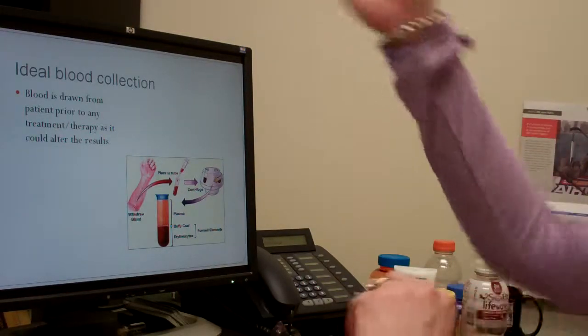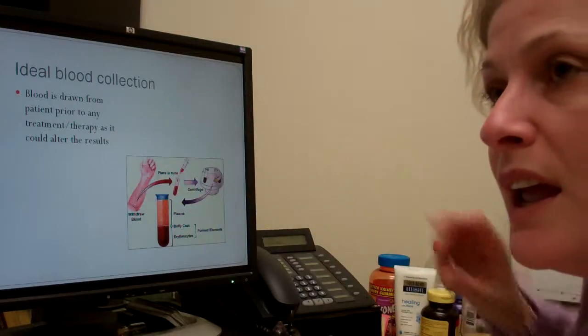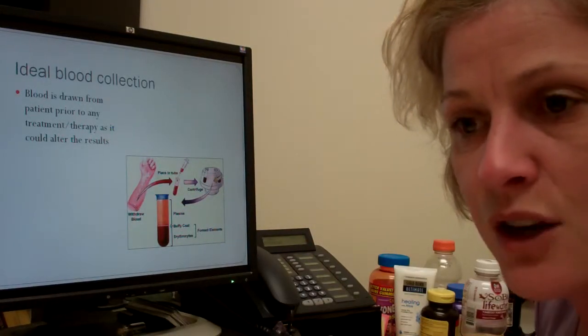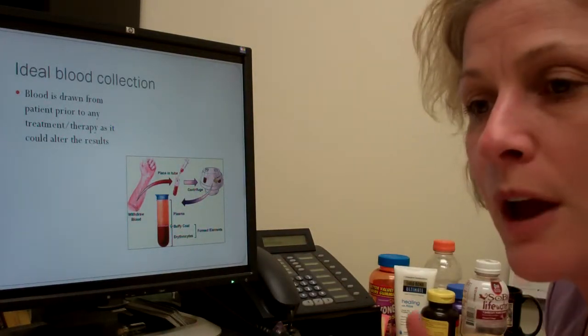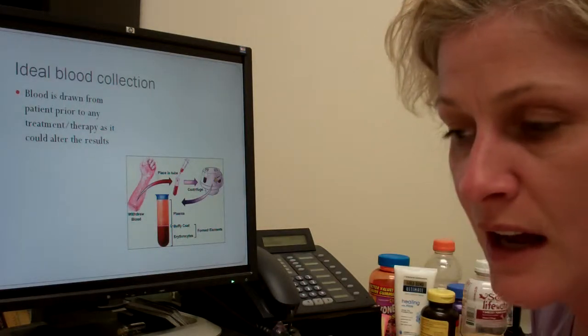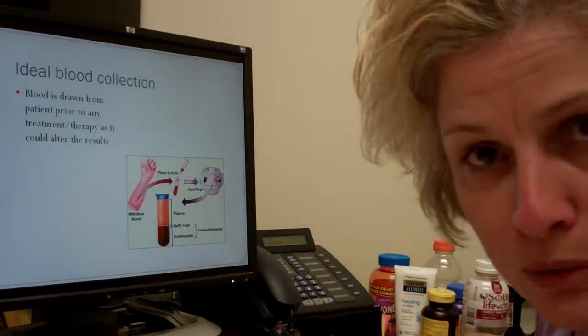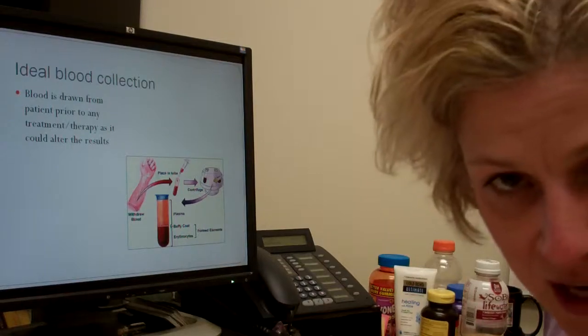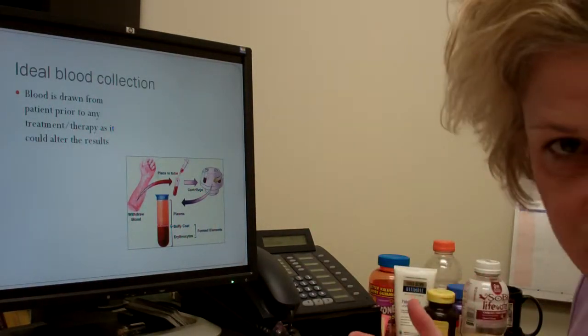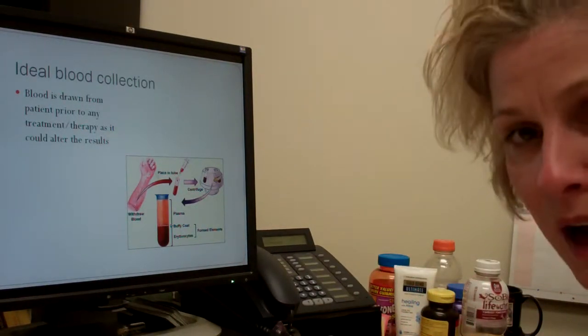All right, so if you are administering any drugs to a patient and the doctor has ordered some blood tests, you want to draw the blood before you give any medications, because the medications can alter these chemistry results in an ideal world.